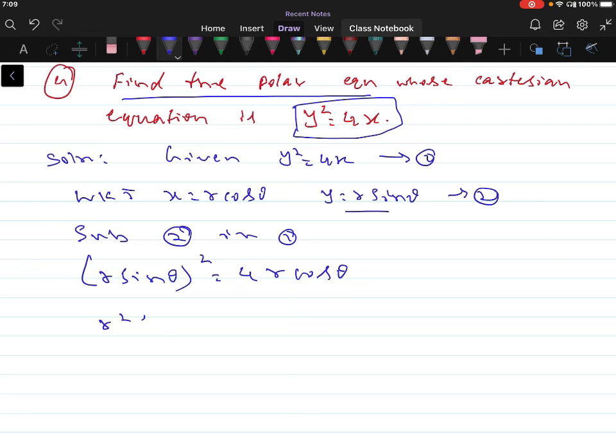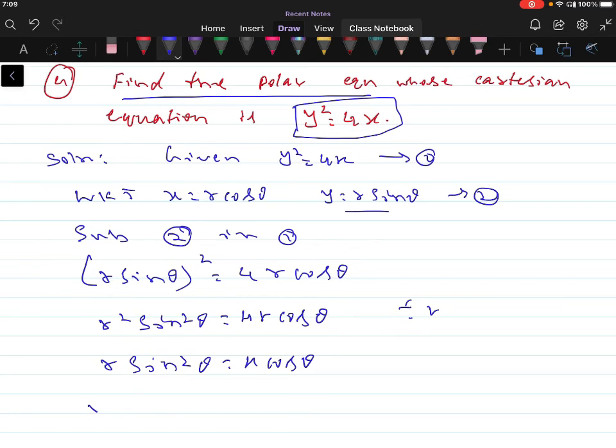So this implies r square sin square theta is equal to 4r cos theta. So divide by r, since r is common, r sin square theta is equal to 4 cos theta.